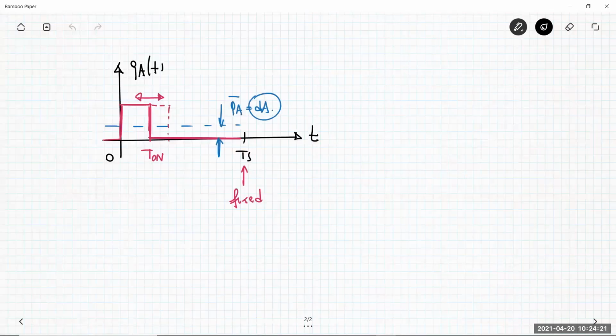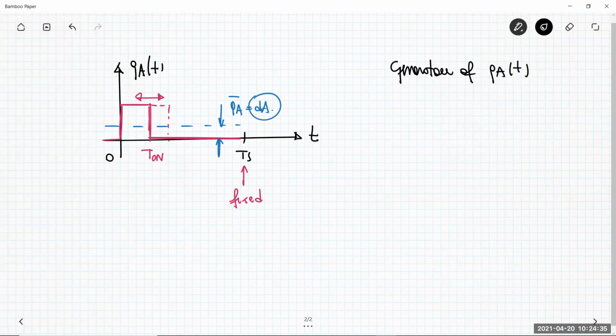So let me just introduce how the unitary switching function is generated by using this pulse width modulator.